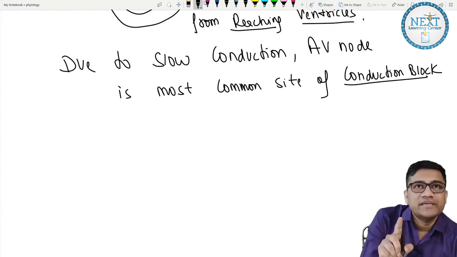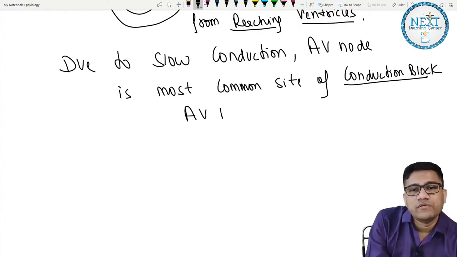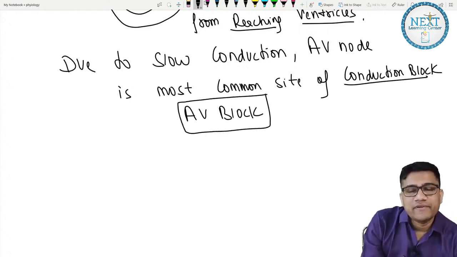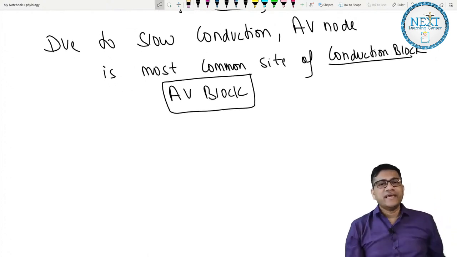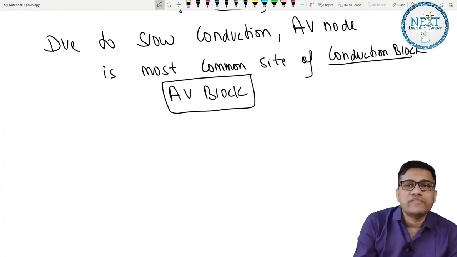It is not the Purkinje, not the bundle branch, it is the AV. This is called the AV block. And what is the hallmark of AV block?